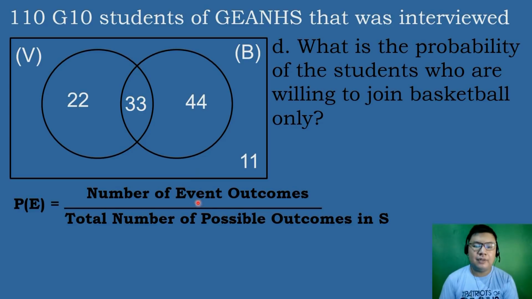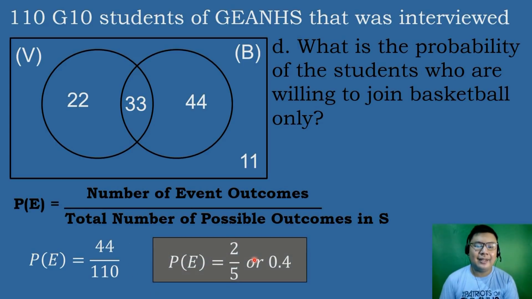So the number of event outcomes is equal to 44 all over the sample space, which is the total number of G10 students that was interviewed. So we have 44 over 110, and the lowest term of 44 over 110 is equal to 2 over 5 or 0.4. Therefore, the probability of the students that will be interviewed that will be joining basketball only is equal to 2 over 5.